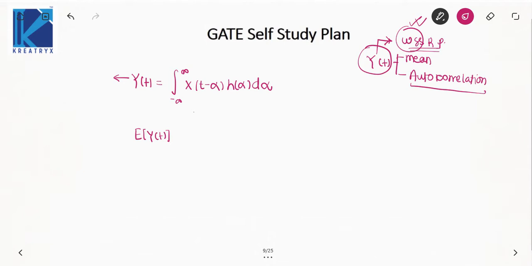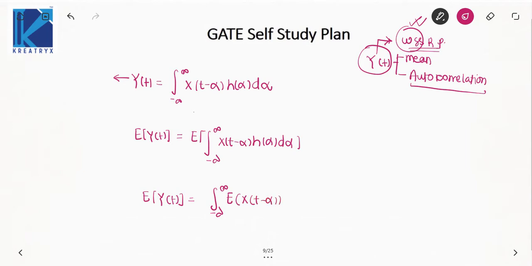So first of all we are calculating the mean. For calculation of the mean we'll use the expectation operator, so it will be the integral from minus infinity to infinity of x of t minus alpha, h of alpha, d alpha. Expectation operator is always operated on a random process, so the expectation operator will come on the random process. H of alpha is a deterministic process, so we'll take it as common.